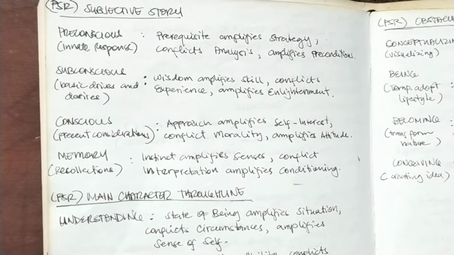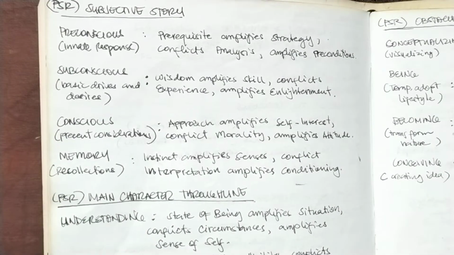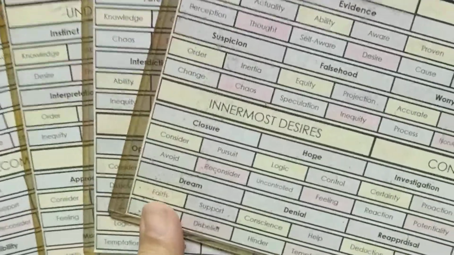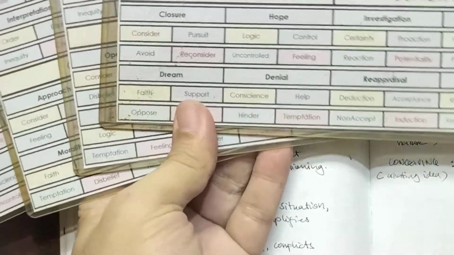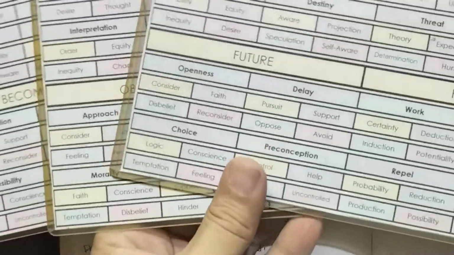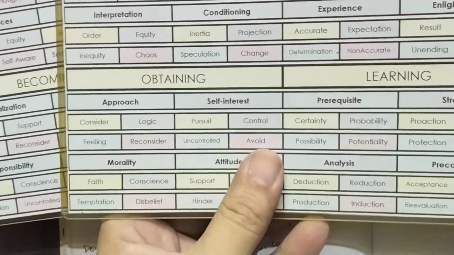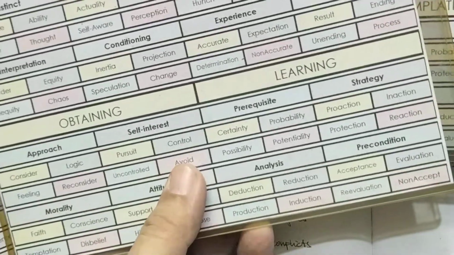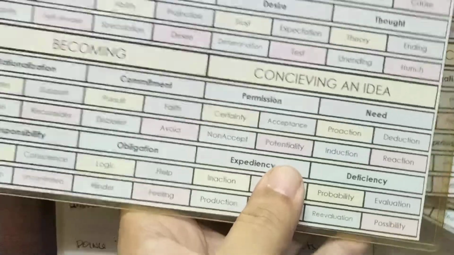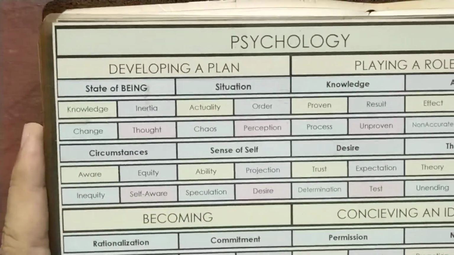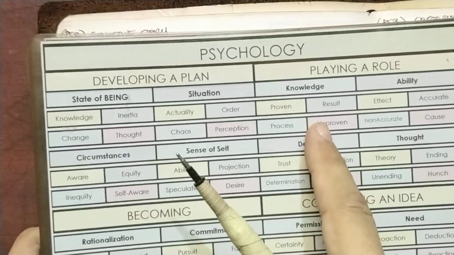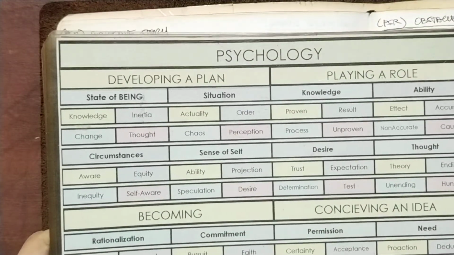Okay, so I go to find it in the chart where that is. So I look for it. Where is that? So we have here. So it's actually in the psychology quadrant.